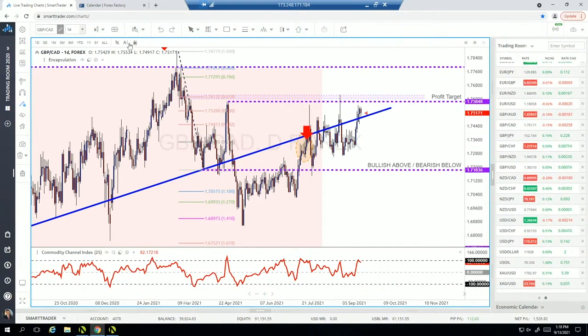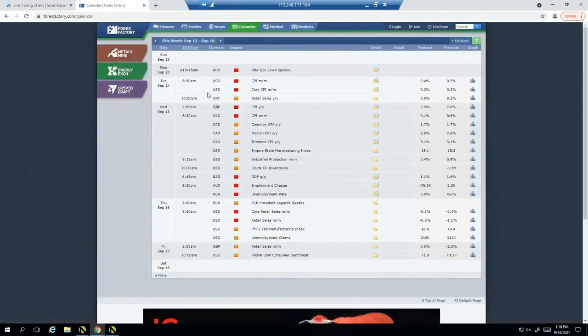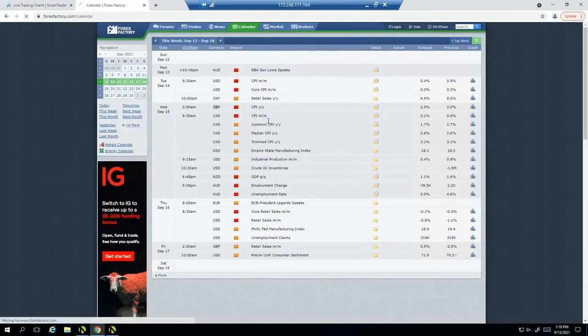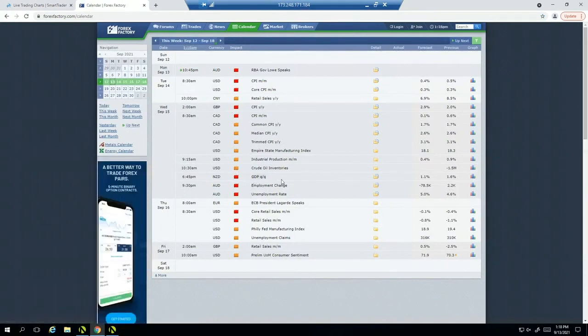A lot of this is going to come back down to what's happening this week. If you look at this week's data, on Wednesday we have New Zealand GDP quarter data coming up. They're showing that there's going to be a drop in GDP.